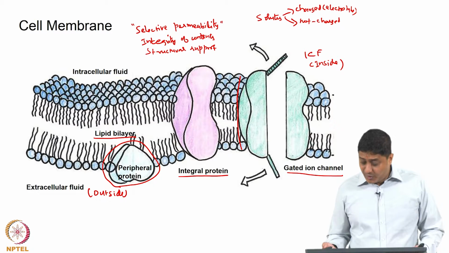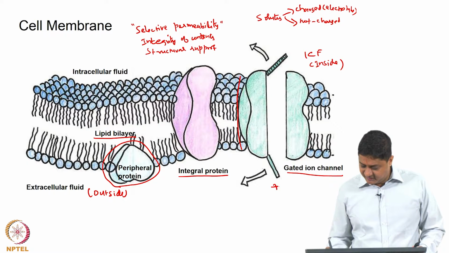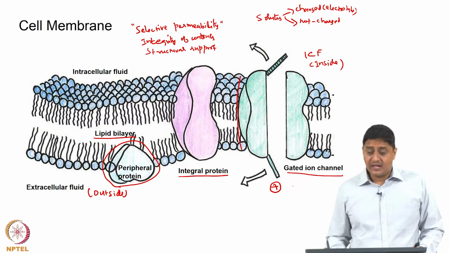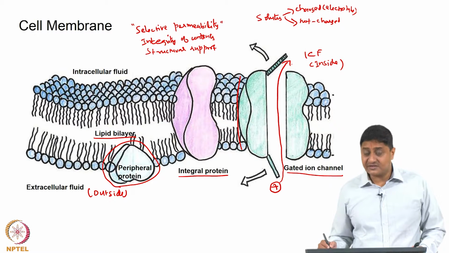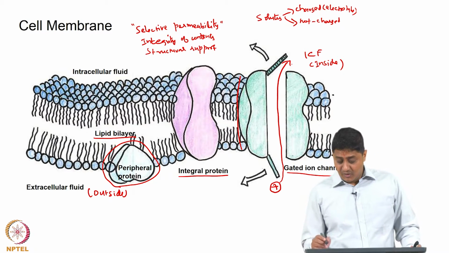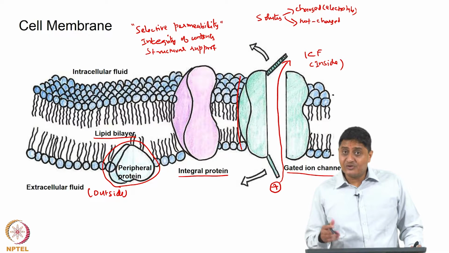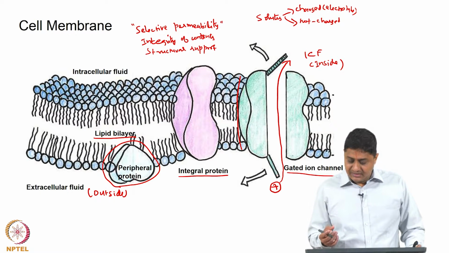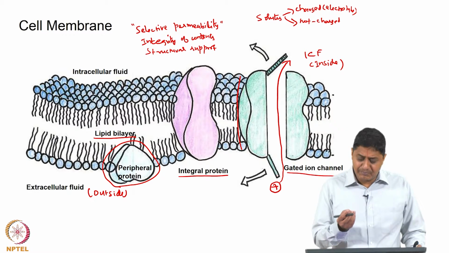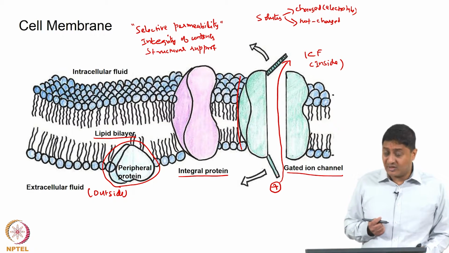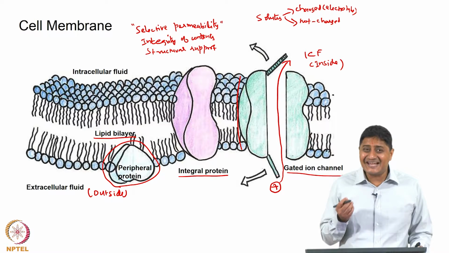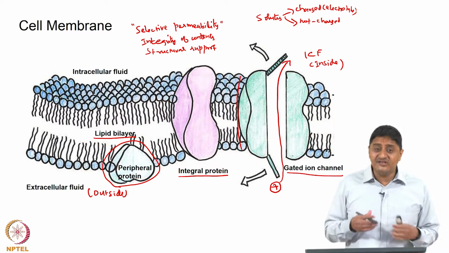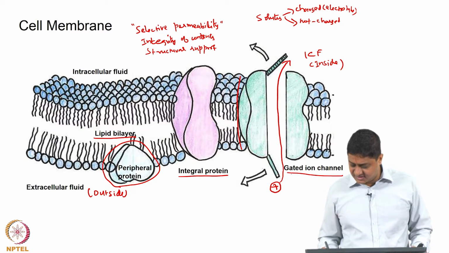Suppose there is a positive ion outside the cell and it is getting transported inside. That means one positive charge has moved from outside to inside, making the inside of the cell slightly more positive with respect to the outside. In other words, it has created a slight amount of charge separation. If this happens in relatively large amounts, you would expect what is called a potential gradient to develop.